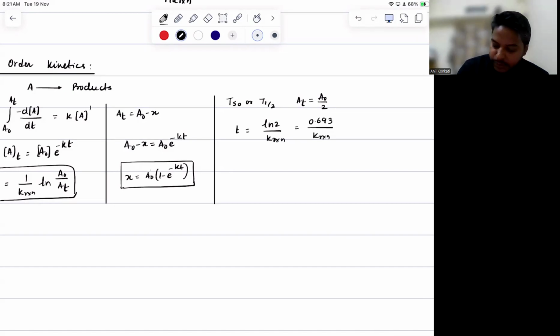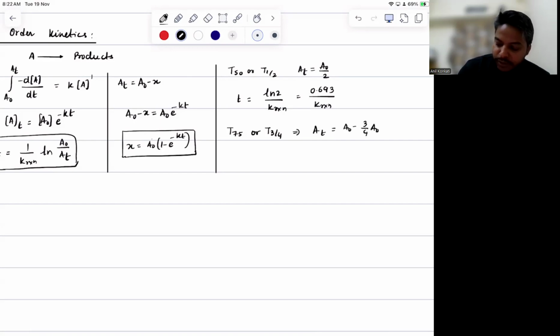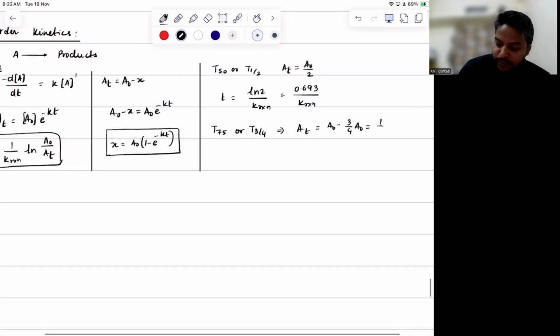Suppose if it is given T75 or T 3 by 4. So that implies when At is equal to A naught minus 3 by 4 times of A naught has been consumed, which makes it 1 by 4 left. Correct.